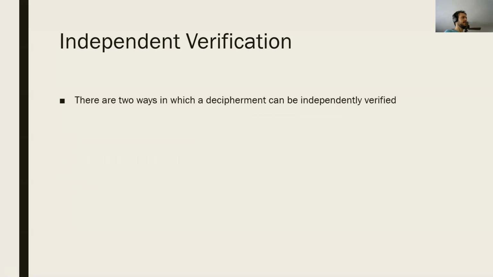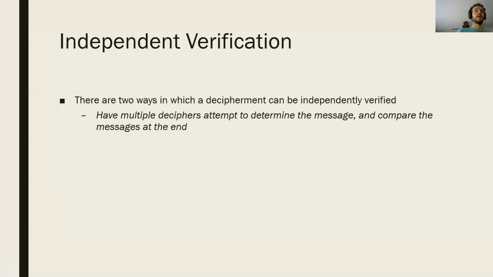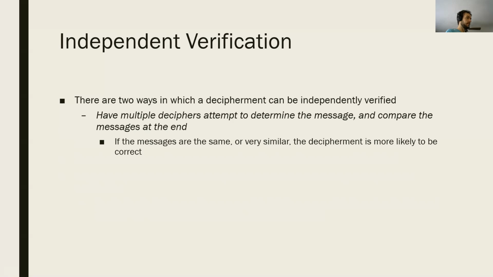There are two ways that we talked about in which independent verification can be done. Firstly, you could have multiple decipherers attempt to decipher the message and then compare them with each other afterwards. This was the case with the decipherment of Babylonian.